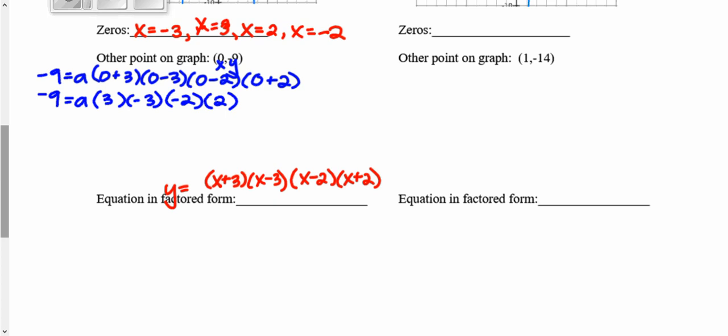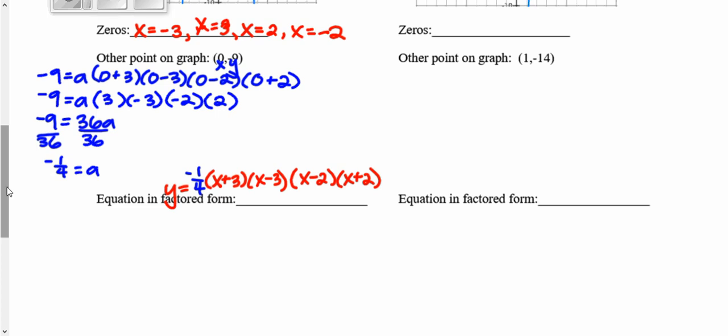If I multiply all those numbers together, that'd be -9 times -4, which is +36. And if I divide both sides by 36, then that simplifies to -1/4. So our a value here is -1/4. That should make sense because there is a negative leading coefficient since this quartic was opening downwards.